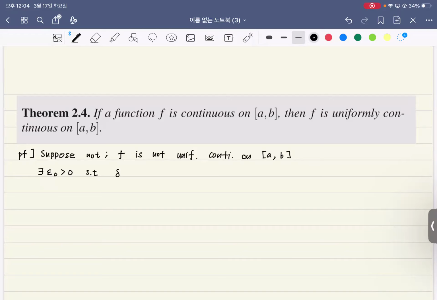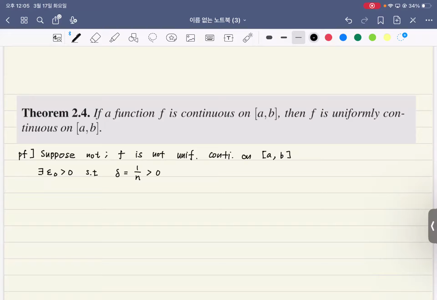And since you can find such x and z for any delta, this time I will just focus on the case when delta is 1 over n, where n is a positive integer.